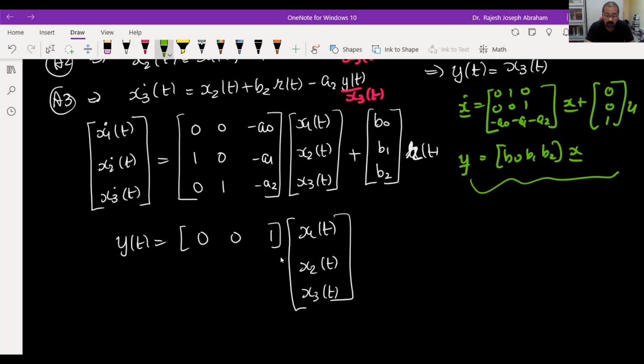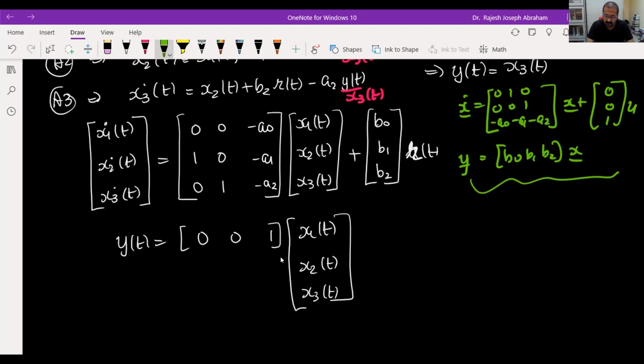The last column in the A matrix is nothing but the negative of the coefficients of the polynomial. And the input matrix B corresponds to the coefficients of the numerator polynomial. The last entry in the C matrix will be 1 and all other elements will be 0.